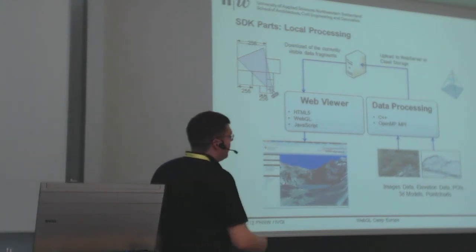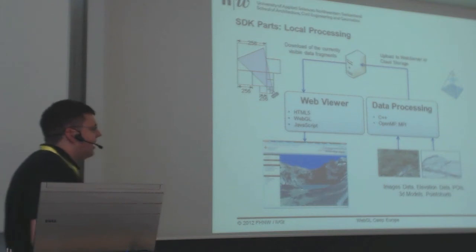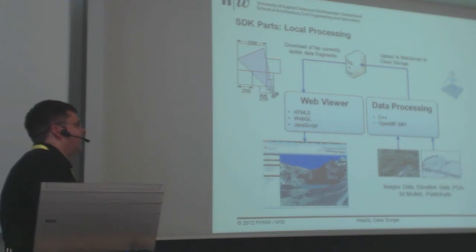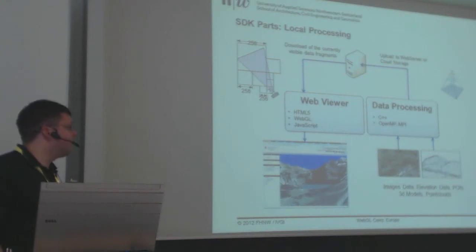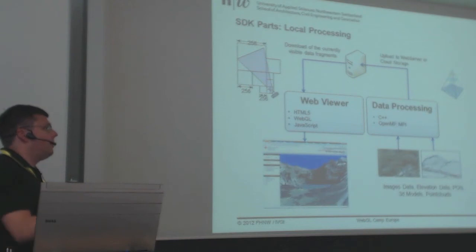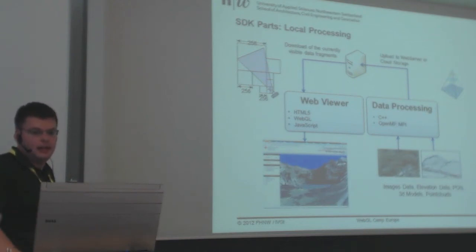Imagine you have some image and elevation data. We have to tile this, calculate different resolutions, maybe another projection system, and then store this in an image pyramid, so in a special spatial structure.